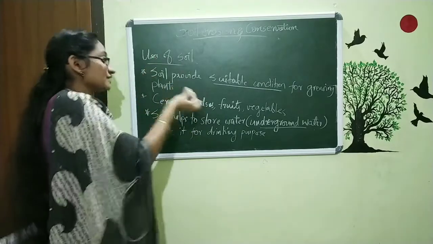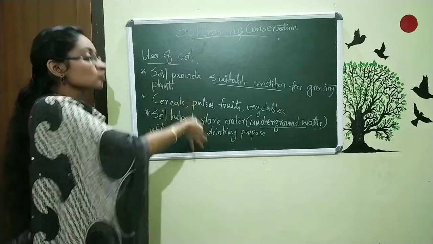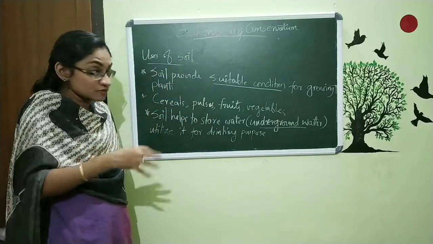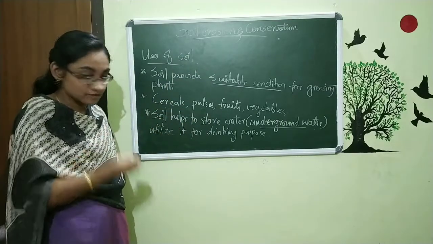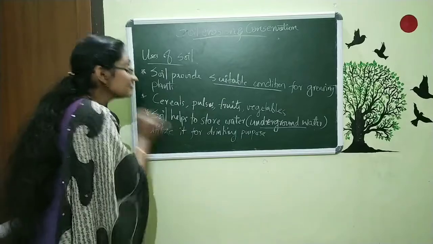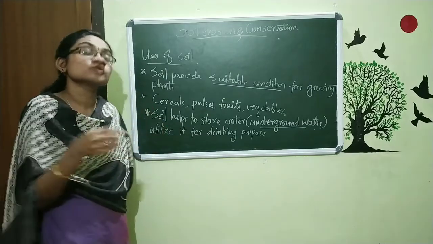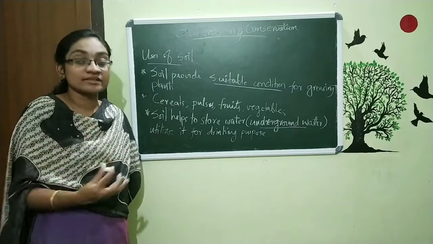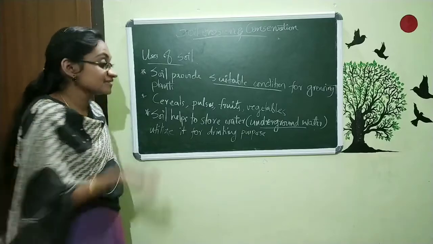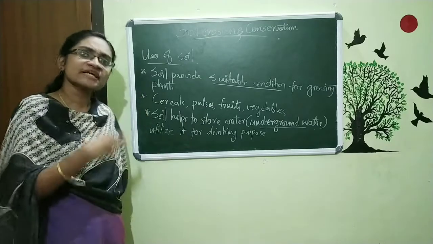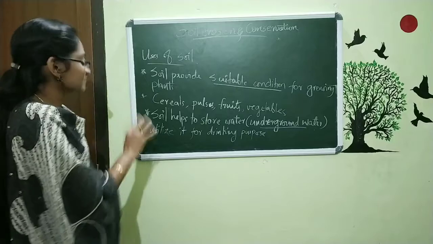Within those plants we get cereals, pulses, fruits, vegetables, different types of food items from the soil, the second. The third one is that the soil helps to store underground water, and we utilize this water for drinking purpose. So these are the three uses.